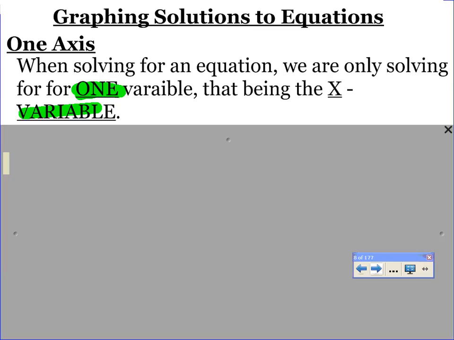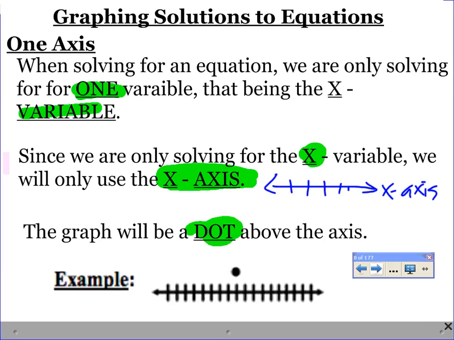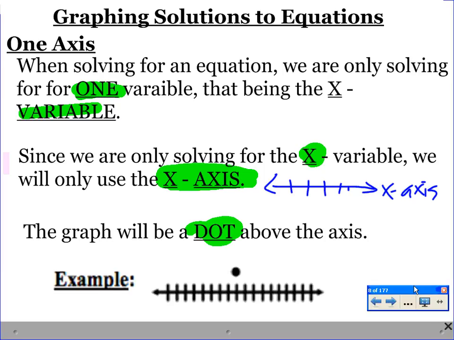So what I want you to fill in here is graphing solutions to inequations. It says here, when solving for one equation, we are only solving for one variable, that being the x variable. And then it says, since we are only solving for the x variable, we will only use the x-axis.